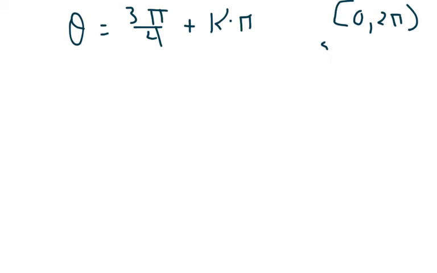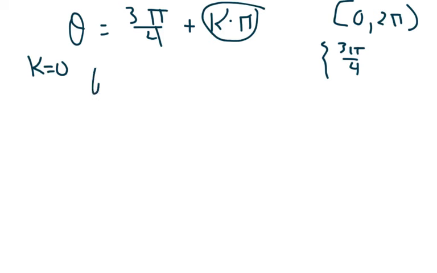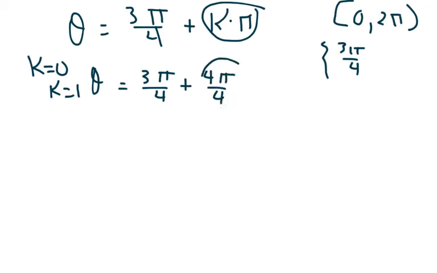So we know we already have one. When k is 0, we have 3 pi over 4, because that would zero this part out. Let's let k equal 1. So we have 3 pi over 4 plus 4 pi over 4, because this equals 1 there, so that's going to give us 7 pi over 4.